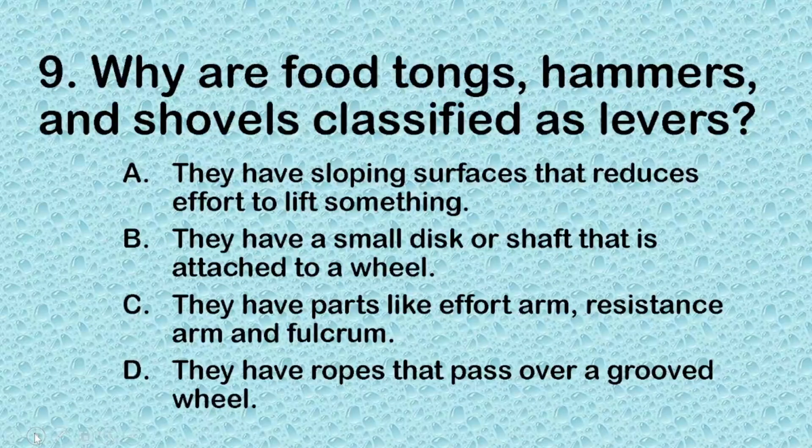Number 9. Why are food tongs, hammers, and shovels classified as levers? A. They have sloping surfaces that reduce effort to lift something. B. They have a small disc or shaft that is attached to a wheel. C. They have parts like effort arm, resistance arm, and fulcrum.